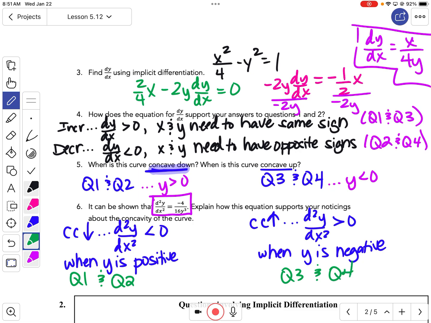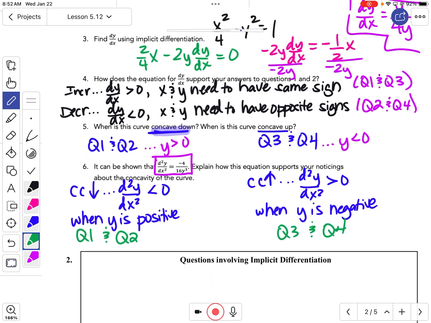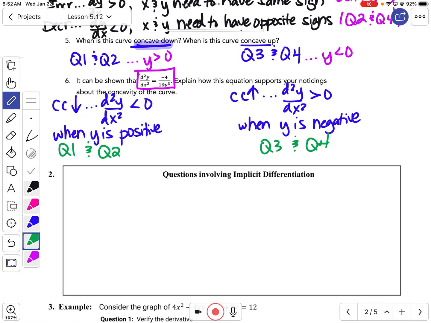Okay. So when it comes to the AP exam, there are certain things they expect you to be able to do with implicit relations. Here are the things that they're going to ask me to do. One, they might ask me to prove the derivative's true, which we did back earlier in Unit 3.